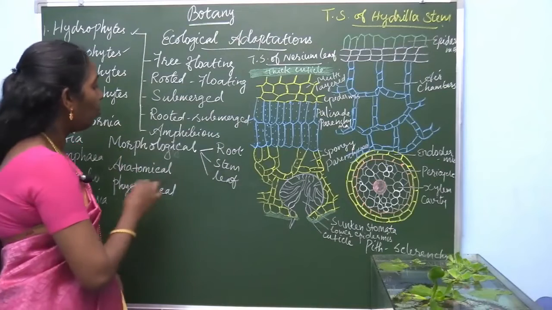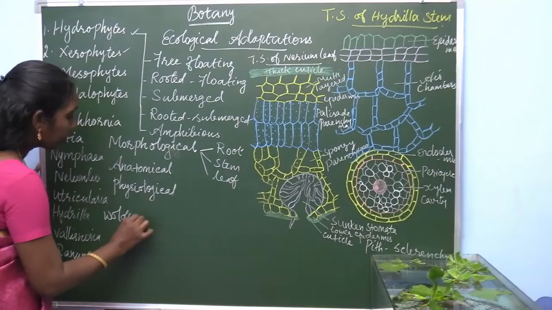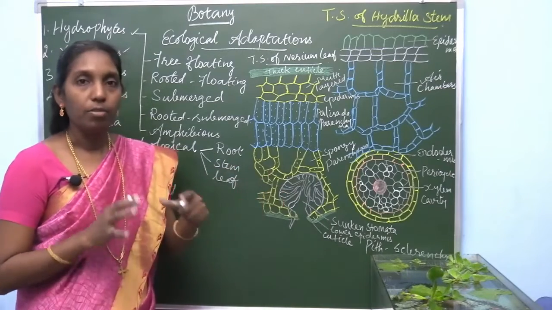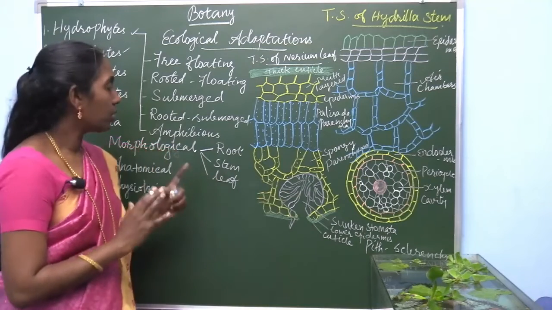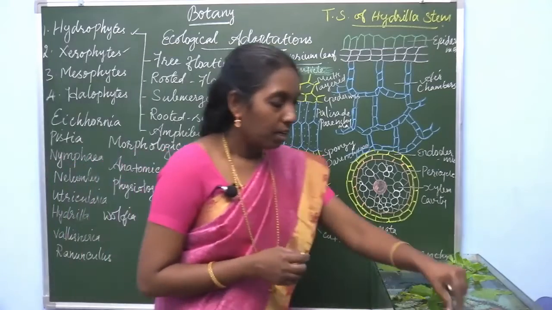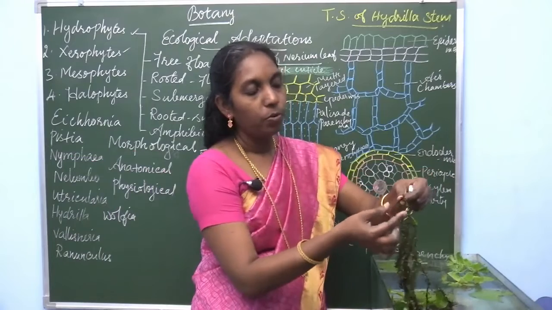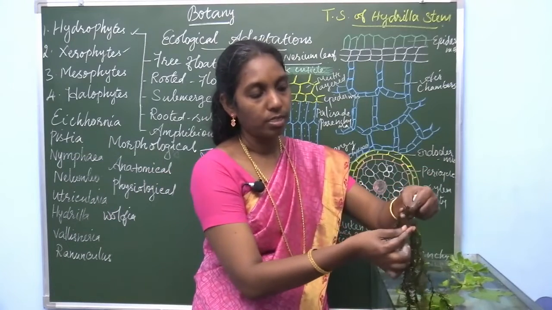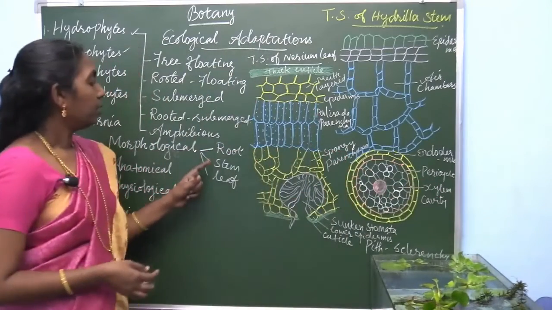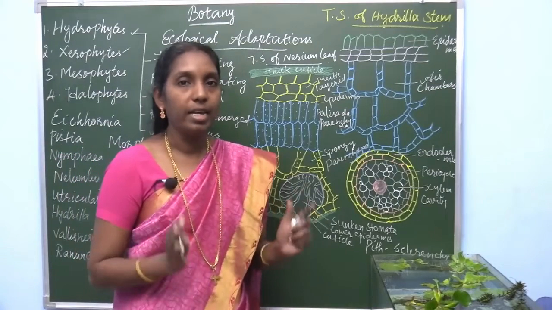There is an example, Wolffia, in which the roots are completely absent. There are poorly developed roots in Hydrilla. And in Ranunculus, the root is well developed.